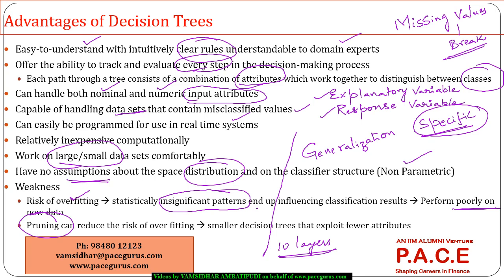It will result in a smaller decision tree, where only a very few important attributes influencing the outcome will be considered. All other attributes which have a negligible influence on the outcome would typically be ignored during the pruning process.